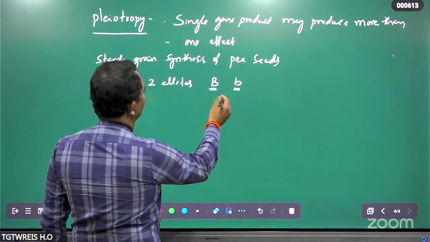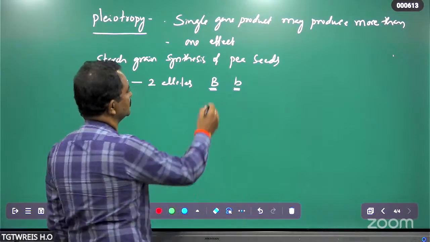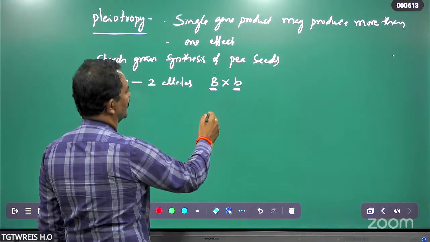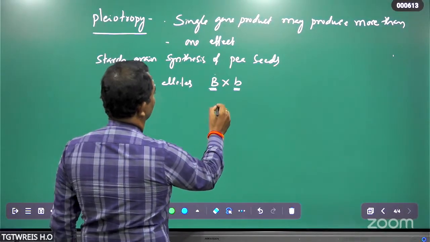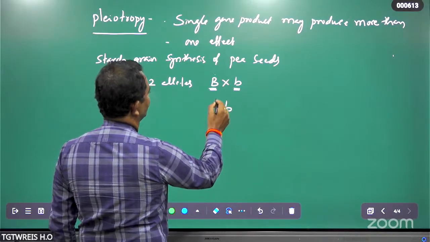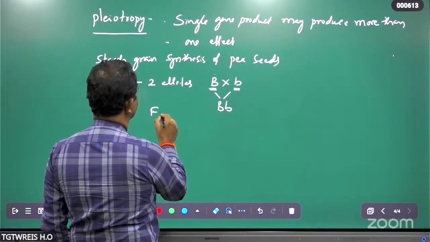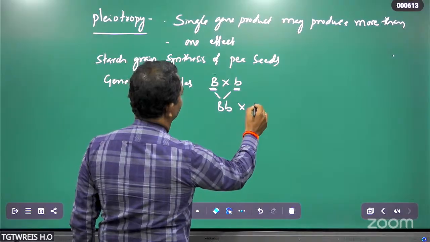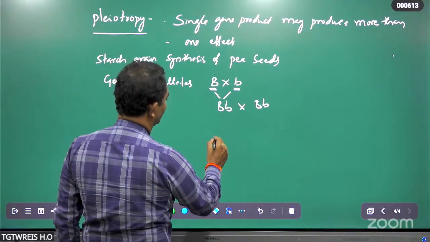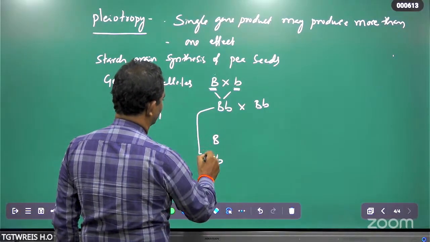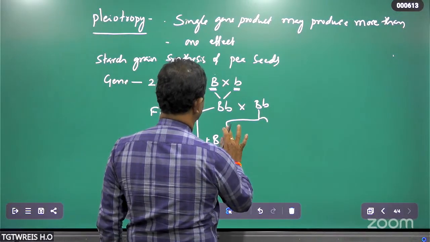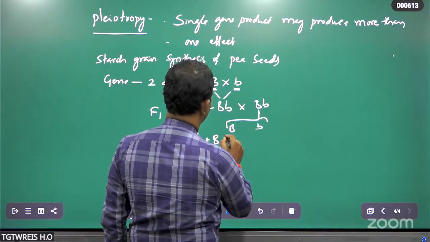So the seed with capital B is crossed with the small b. Automatically we get capital B, small b in the F1. On self-pollination, we get gametes capital B and small b.